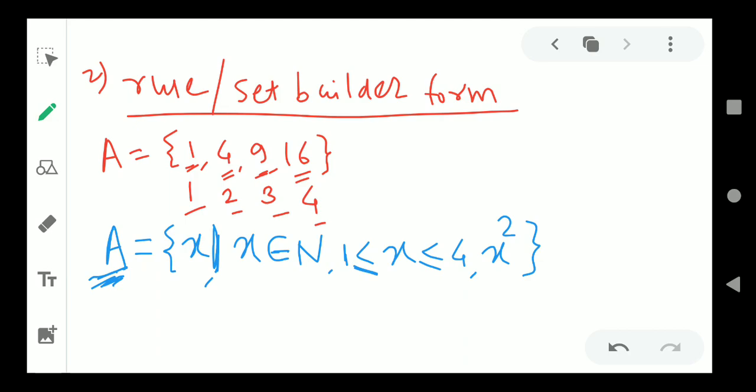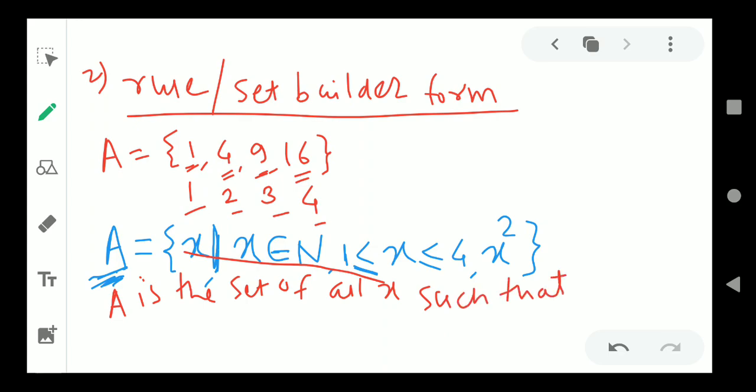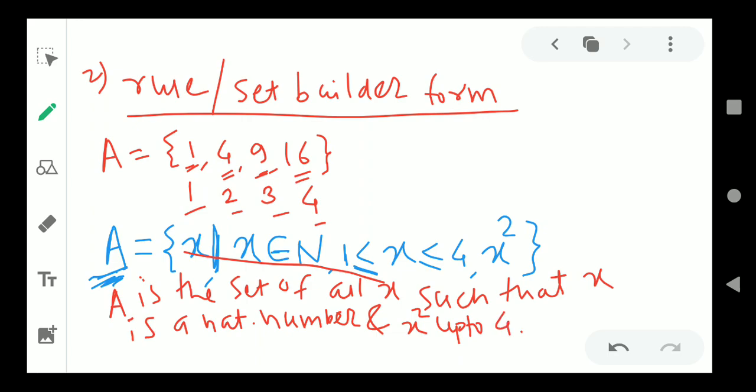Here we found a special rule. So it is read as A is the set of all x, such that, means our vertical line, x is a natural number, and we have taken square of these natural numbers up to 4.